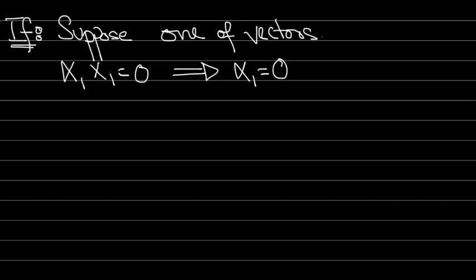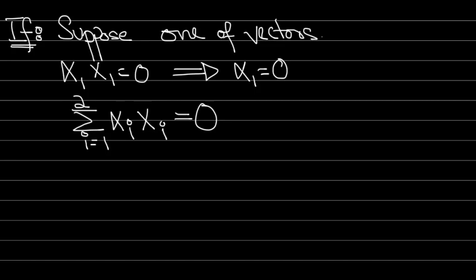Right. Now let's choose 2. So instead of just 1, we choose n equal to 2 for this summation, so i is equal to 1 to 2, and we have alpha i xi equal to 0.